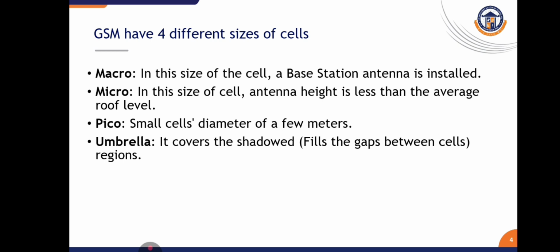In the macro cell, the base station antenna is installed above roof level, and in the micro cell, the antenna height is less than the average roof level. Pico is a small cell with a diameter of a few meters, and umbrella covers the shadow regions, that is, it fills the gaps between the cells.